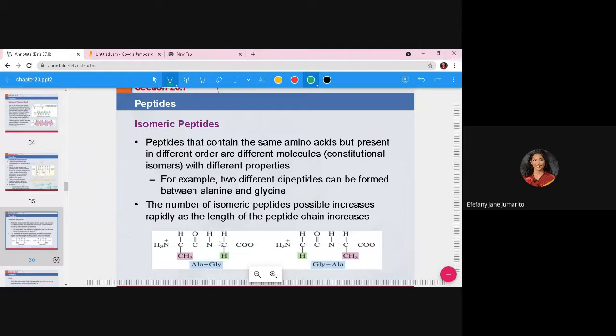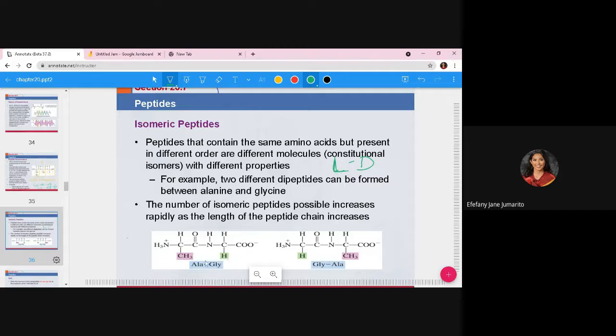They have the same amino acids, alanine and glycine, but different order, different sequence. Just like your monosaccharides, amino acids have the D and L isomers.